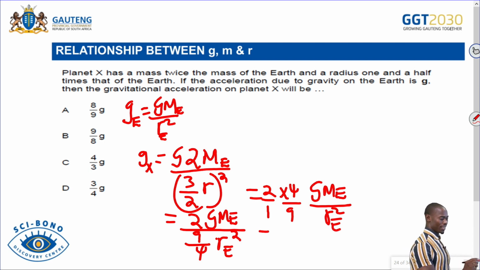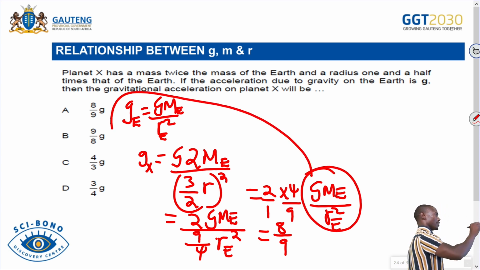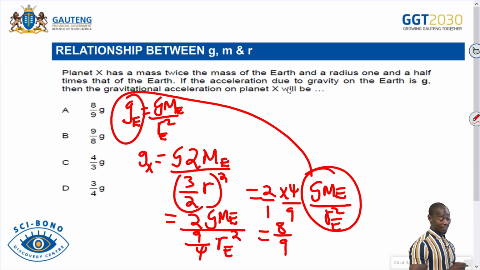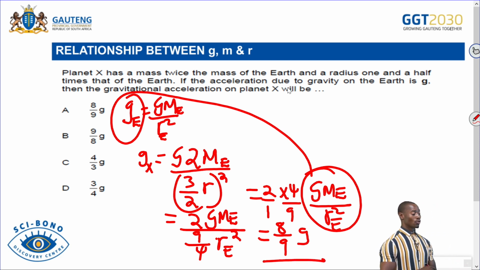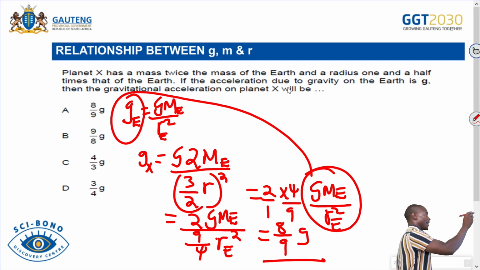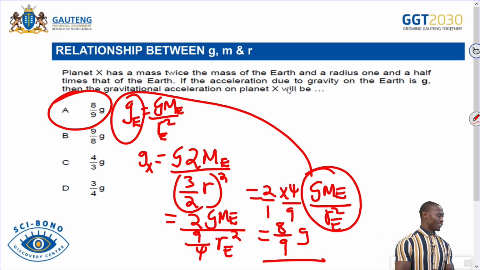So here I'm having 8/9. What is this GME over r squared? It is equal to the gravitational acceleration on planet Earth. Do I have 8/9 g? Yes, I have 8/9 g there as the correct answer. So it's the mathematical relationship there.